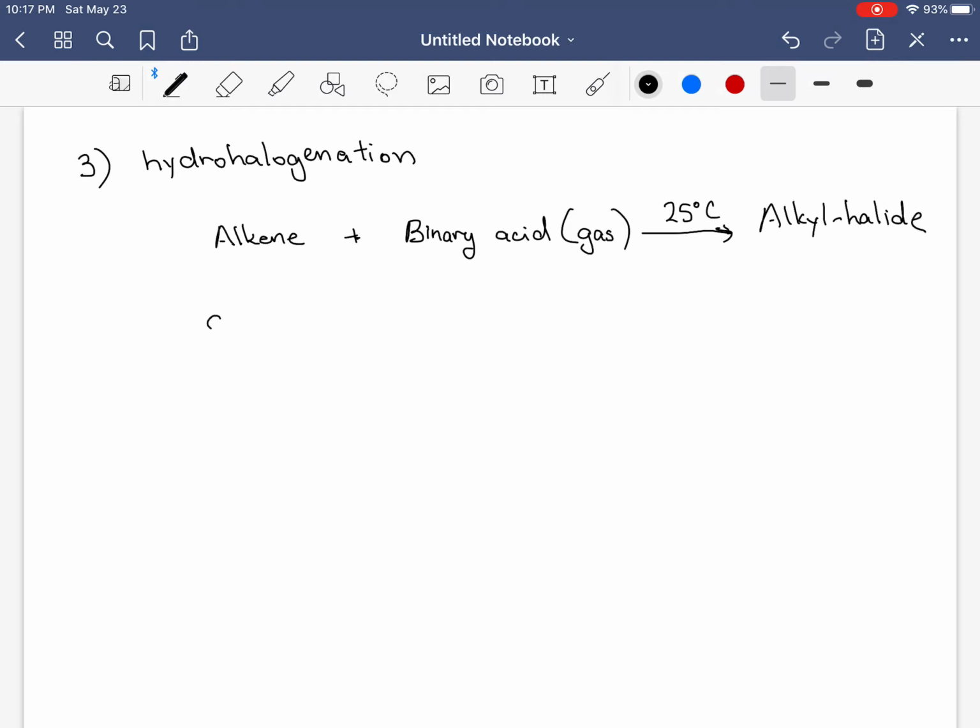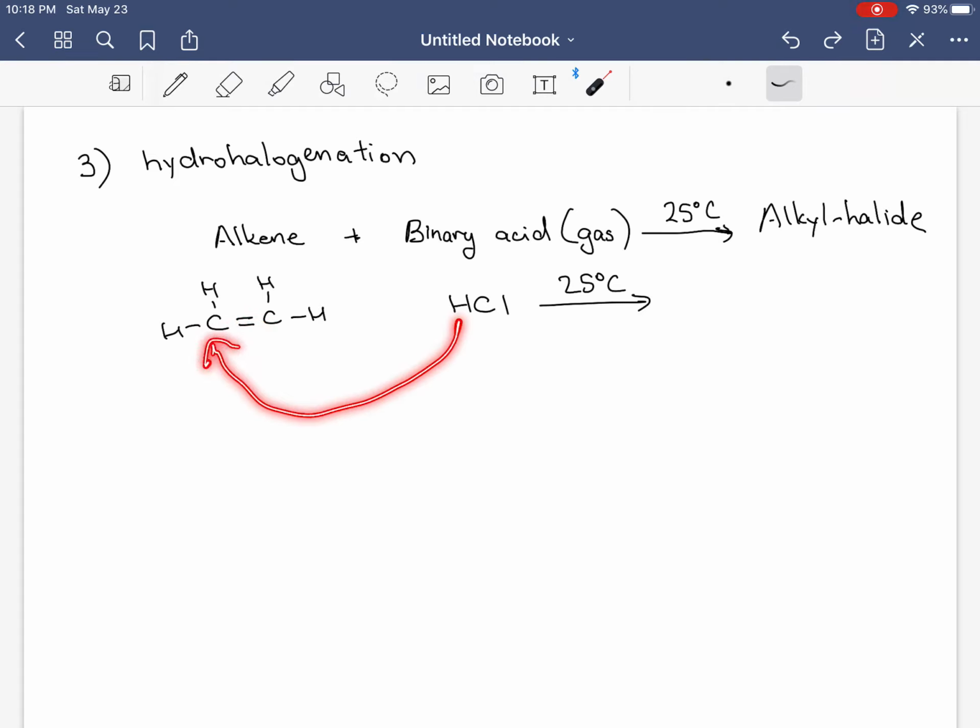So here it goes. I have ethene again, and a binary acid like HCl, under the influence of 25 degrees Celsius. This double bond will break. This H will come over here. The Cl will come over here.